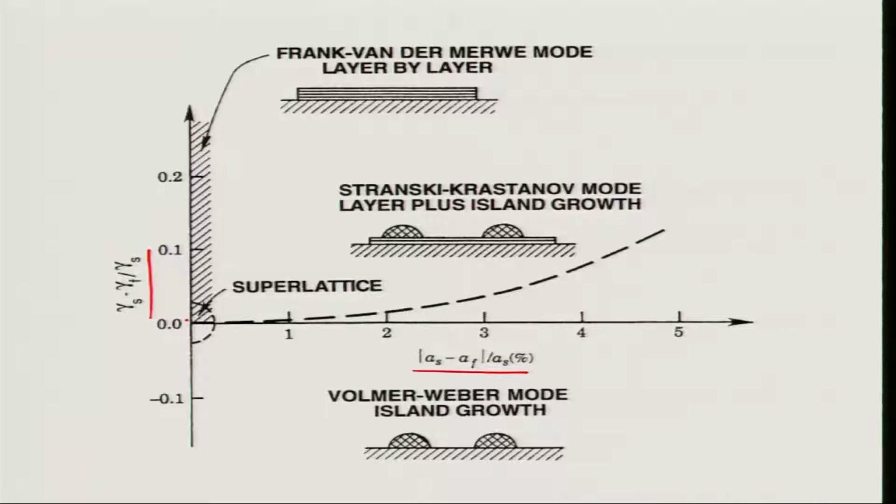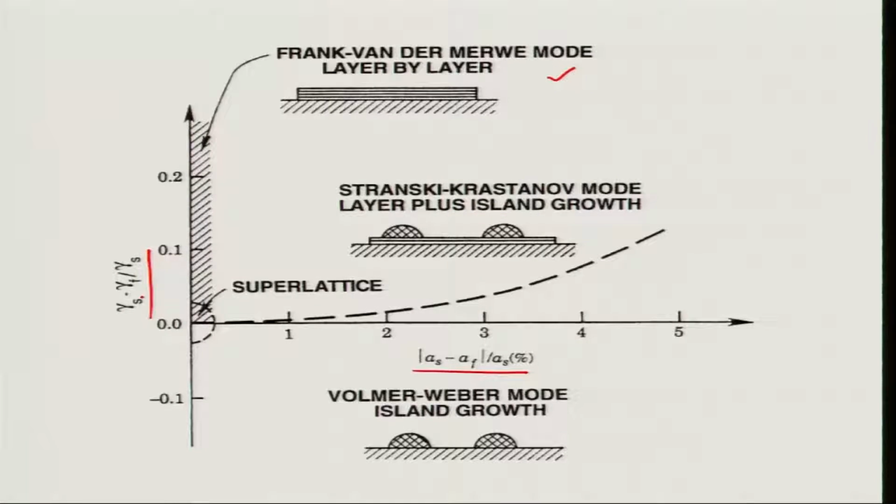I will just come to that. If lattice mismatch is very small, 0.3% mismatch or below that, then you will have Frank-van der Merwe layer by layer growth irrespective of difference in surface energies of substrate and film.